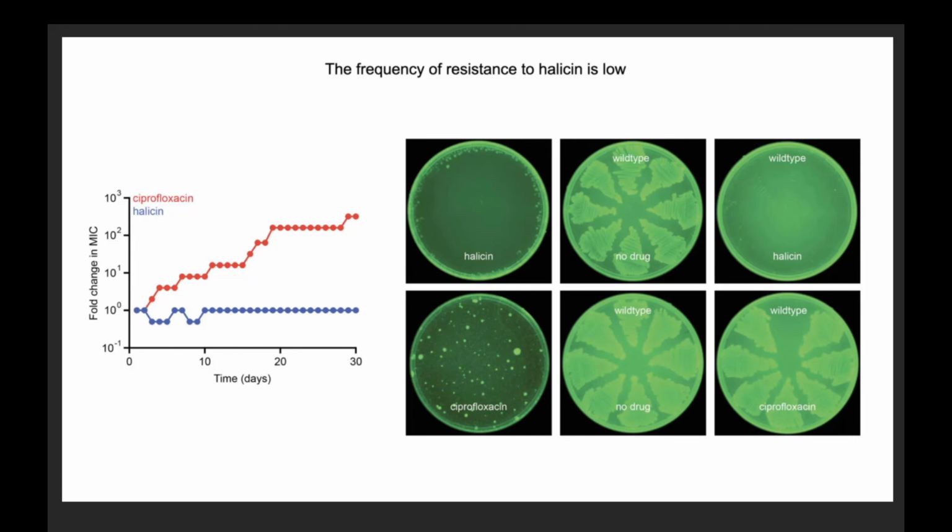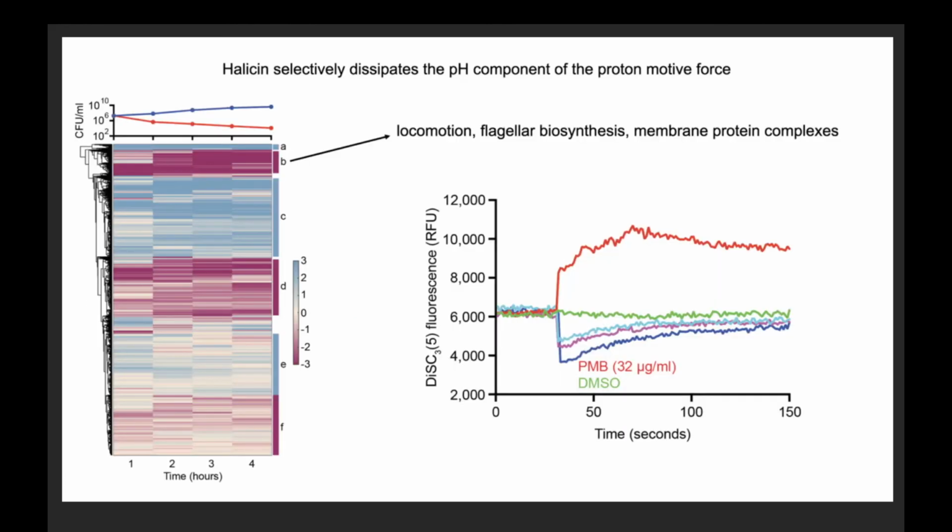On the right, we can see an experiment that was run in parallel, where we attempted to evolve Halicin resistance on solid media over the course of 7 days. And again, we were unable to isolate spontaneous resistant strains of E. coli. So what we turned to was RNA sequencing to elucidate mechanism.